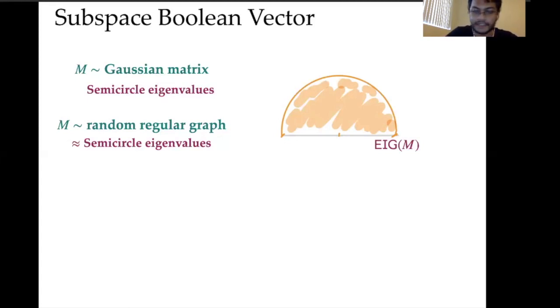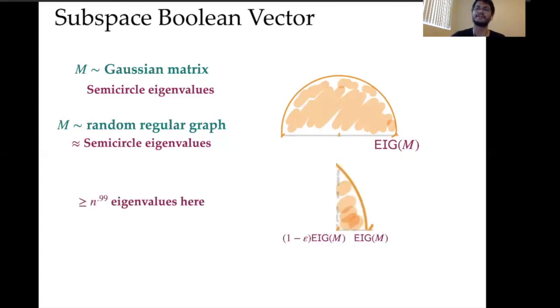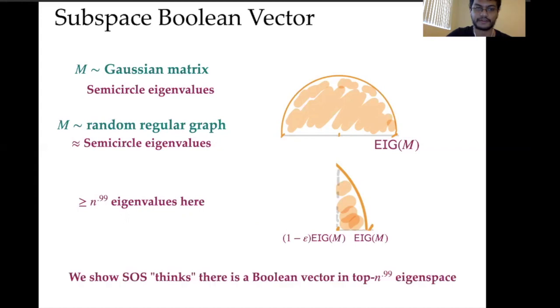The main consequence of the semicircle distribution that we care about is that if you look at a tiny sliver, between the maximum eigenvalue of M and some number slightly smaller, let's say 0.99999 times the max eigenvalue of M, there are going to be many eigenvalues in that range. In particular, we care to deduce that there are at least n to the power 0.99 eigenvalues in that interval.